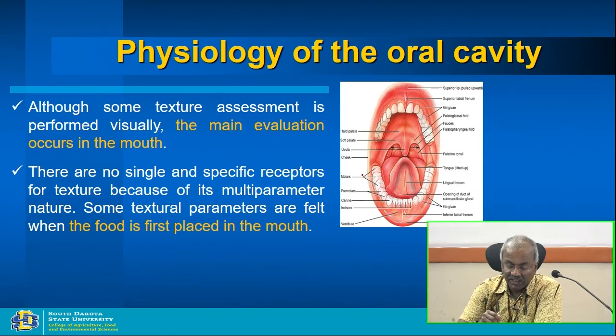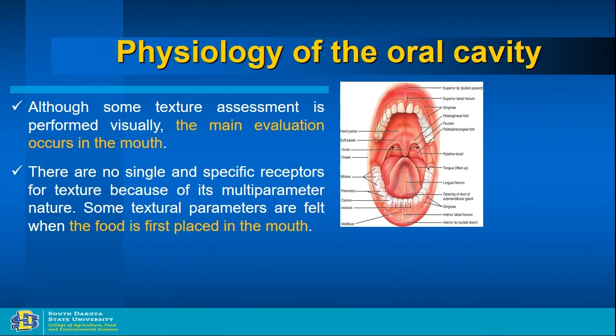The oral cavity plays a bigger role. The physiology: although some texture assessment is performed visually, the main evaluation occurs within the mouth, right? I mean, we do evaluate the color, appearance and everything, but a lot of things happen within the mouth itself.